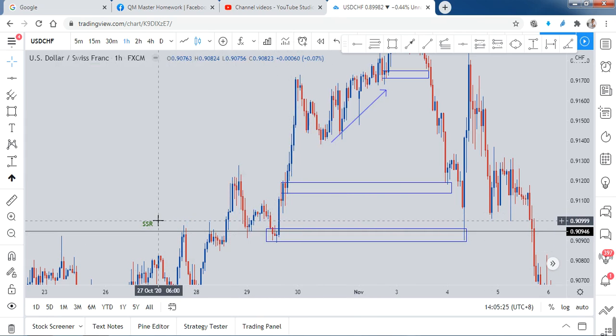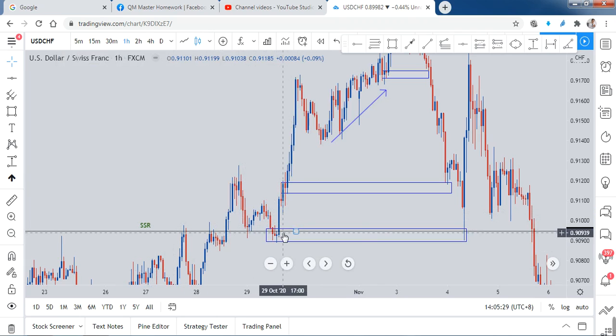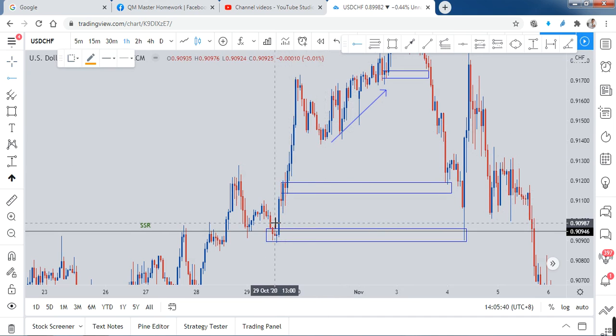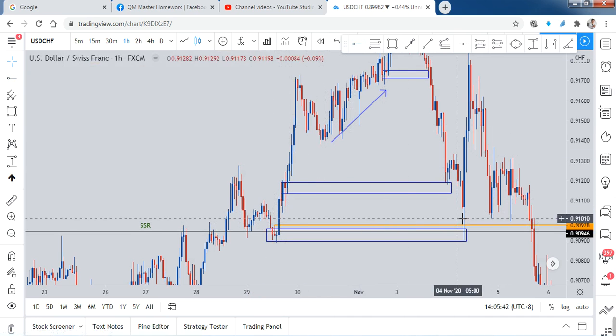The price is likely to come to this area and then reject. Of course, I don't usually put my take profit exactly at this point. I put it a bit higher, because I'm afraid the price might sometimes do something funny. So I put my take profit zone around here.